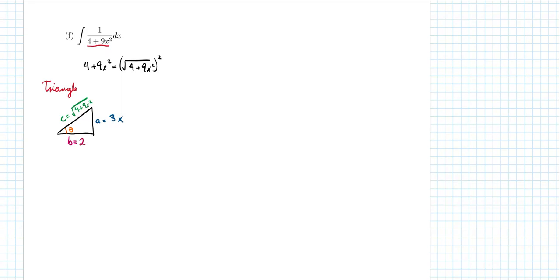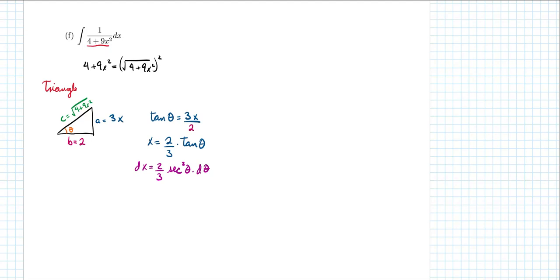The reason I'm doing this is because if a is 3x, then we can use the tangent of theta, defined as the opposite over the adjacent side, which gives us x equals 2/3 times the tangent of theta. And this is a much simpler formula to differentiate, so we can figure out the differential dx in terms of d theta. The differential dx here is going to be 2/3 times the secant squared of theta times d theta.